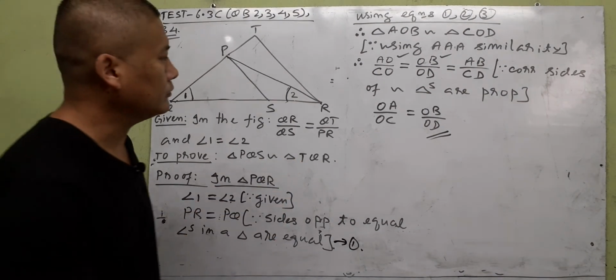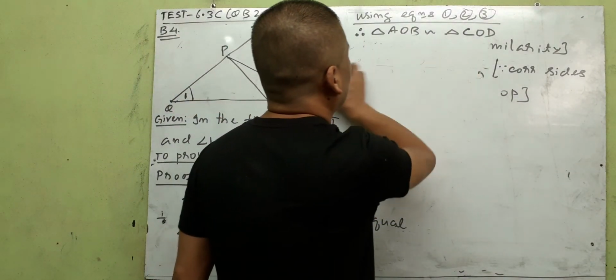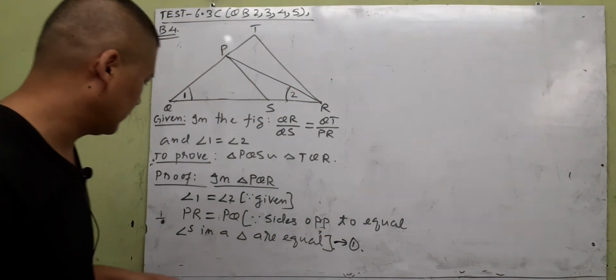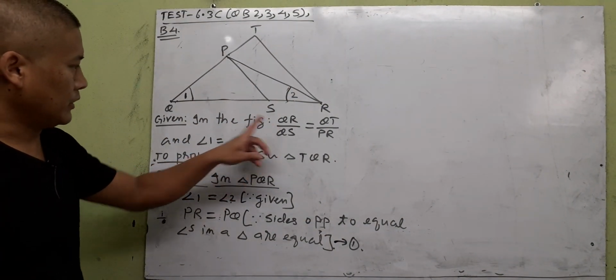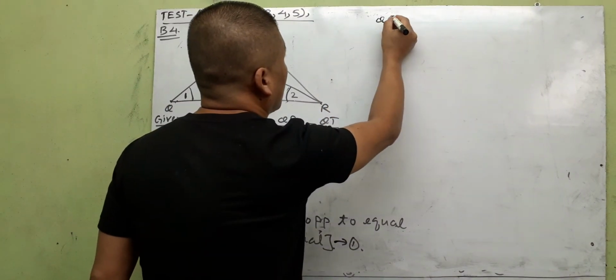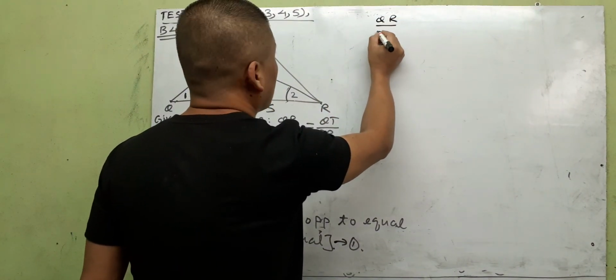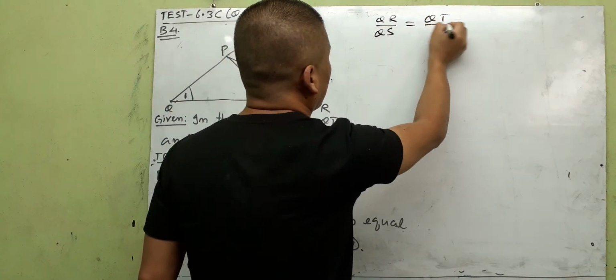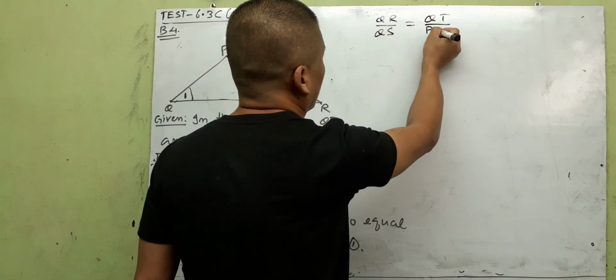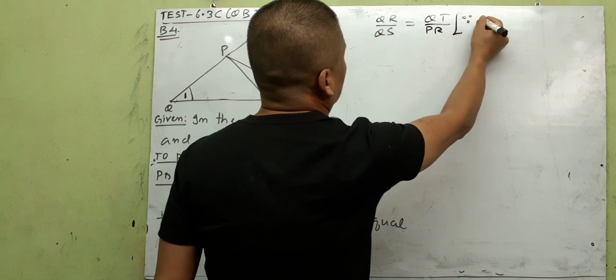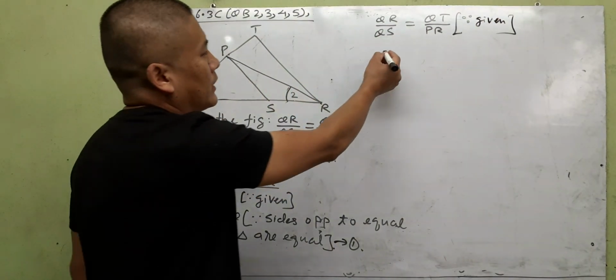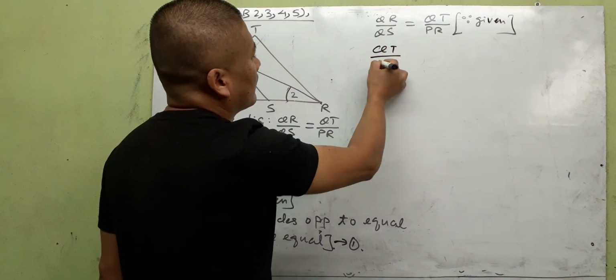Okay, now let us write down here this one, QR by QS is equal to QT by PR, since it is given to us. We can use it like this, but I just want to go like this, QT by PR.